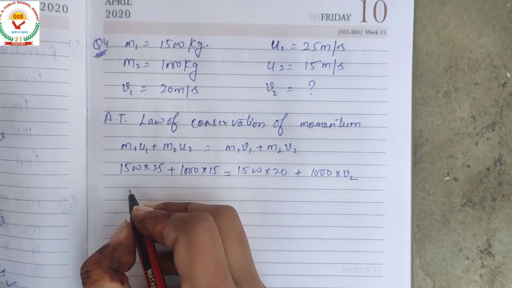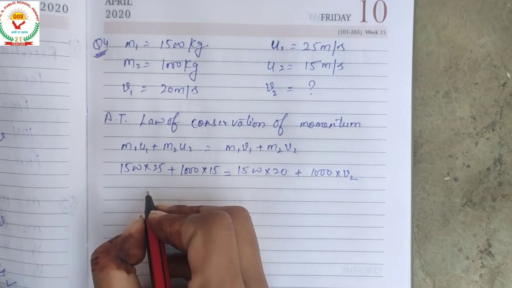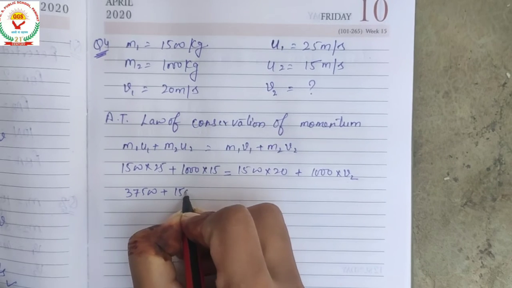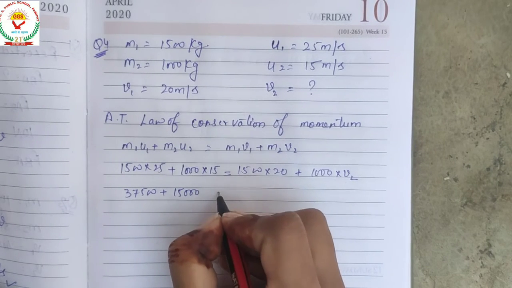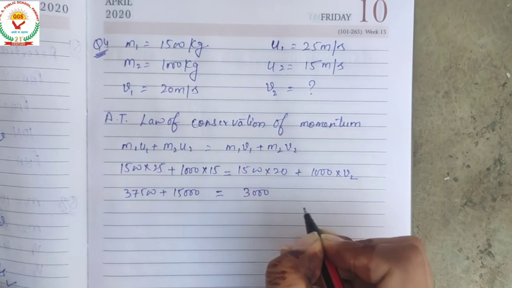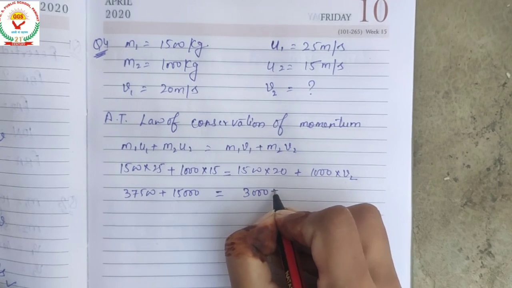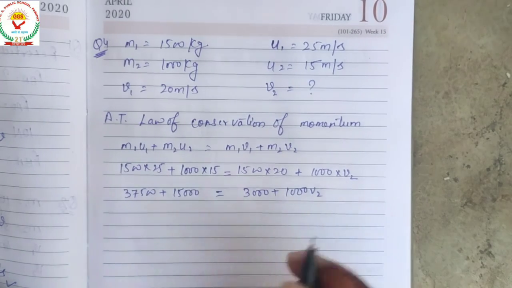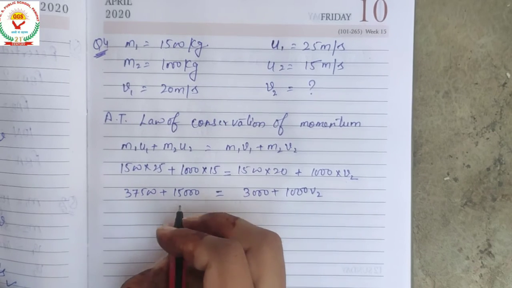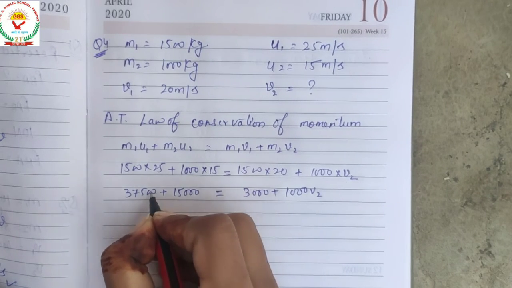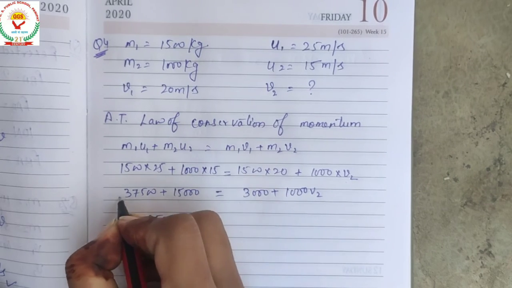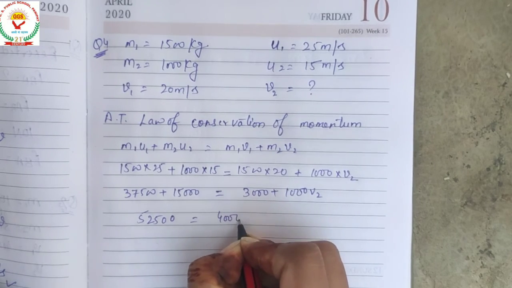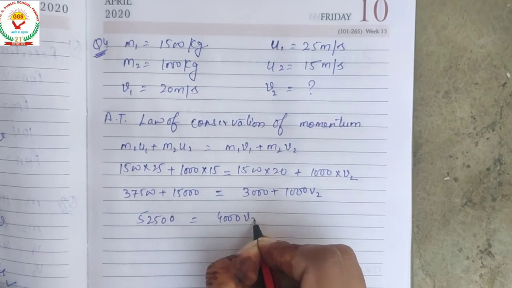Now on calculating we get 37500 plus 15000 is equal to 30000 plus 1000 V2.